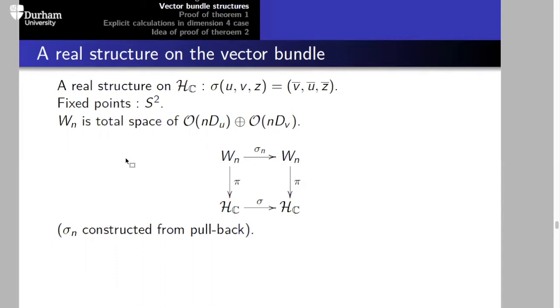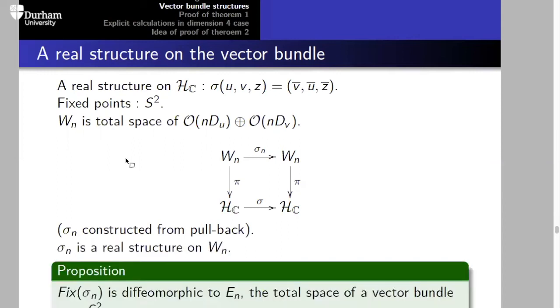Okay, so now I have a complex vector bundle with a real structure. Proposition: the fixed point of this sigma n that I just constructed is diffeomorphic to En, the total space of a vector bundle over S2. Again, I won't give the proof here, but you just calculate it with the transition functions.